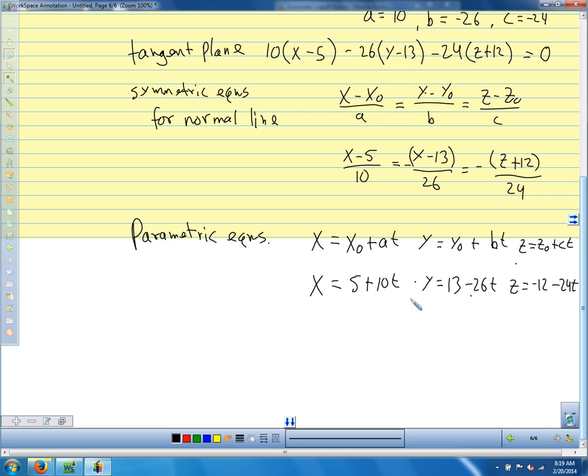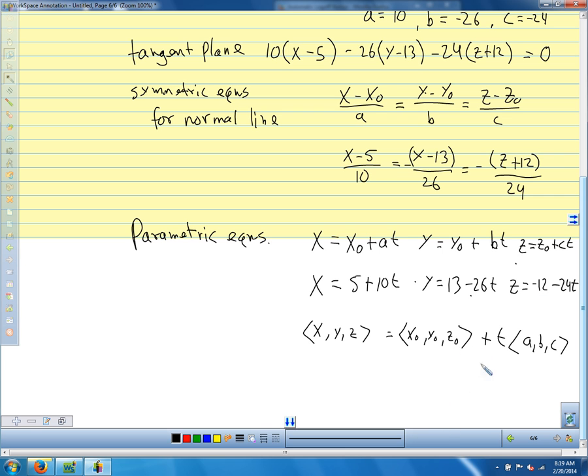Do you remember how to write the vector equation for the line? I'm just kind of compressing these equations.